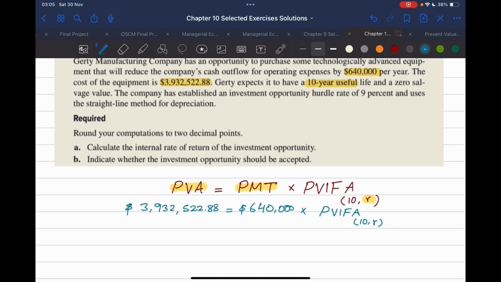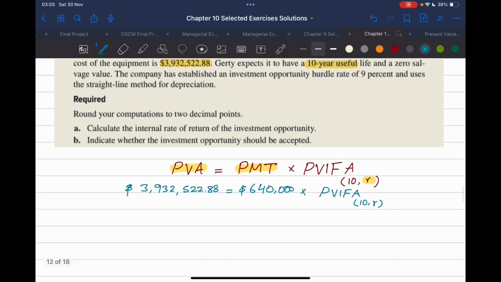Now I can simply reorganize this by taking this right here to this side and putting it in the denominator. Mathematically, I can do this.